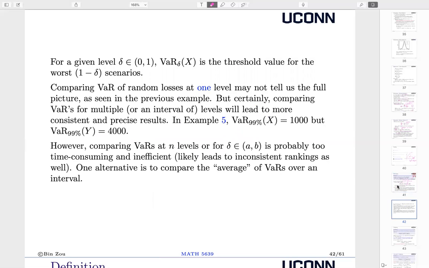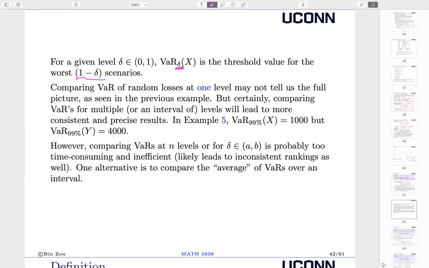A little bit more discussion: of course, in the definition of VaR, this level is very important. We know it's always between 0 and 1, right? And VaR gives the worst 1 minus delta scenario. In the previous graph, it's going to be the worst 1% scenarios.